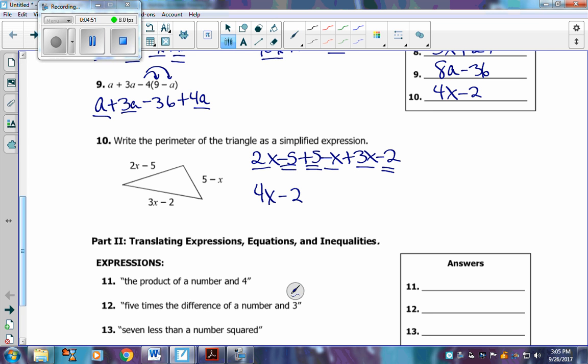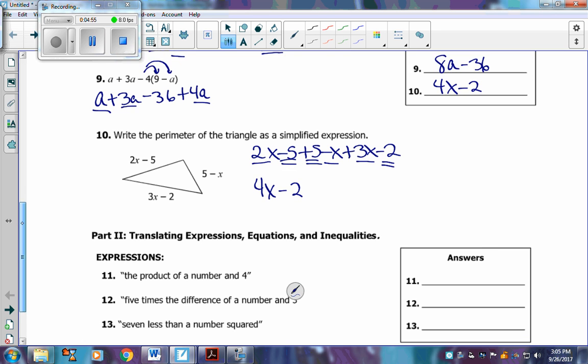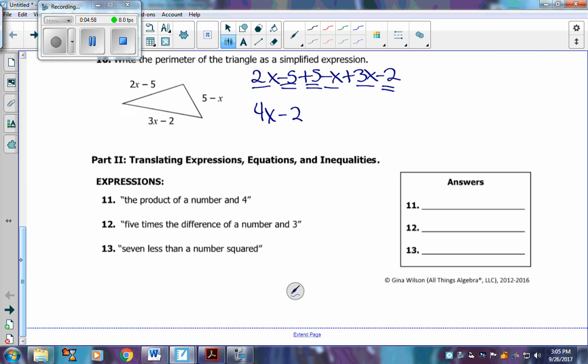Now we're translating the expressions into equations and inequalities. The product, that means I have to multiply a number and 4. So the product of a number and 4 would be 4n, or 4x, or whatever variable you choose to use. Okay, 5 times the difference of a number and 3.